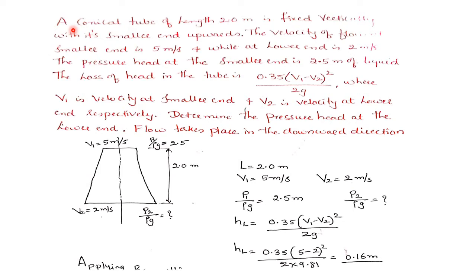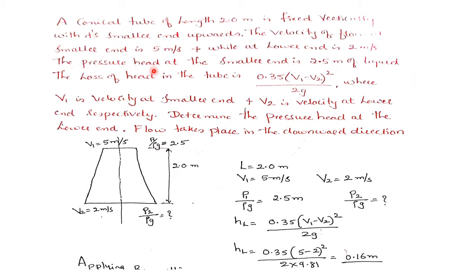So let me first read the problem. A conical tube of length 2 meter is fixed vertically with its smaller end upwards. The velocity of flow at the smaller end is 5 meters per second, while at the lower end it is 2 meters per second.